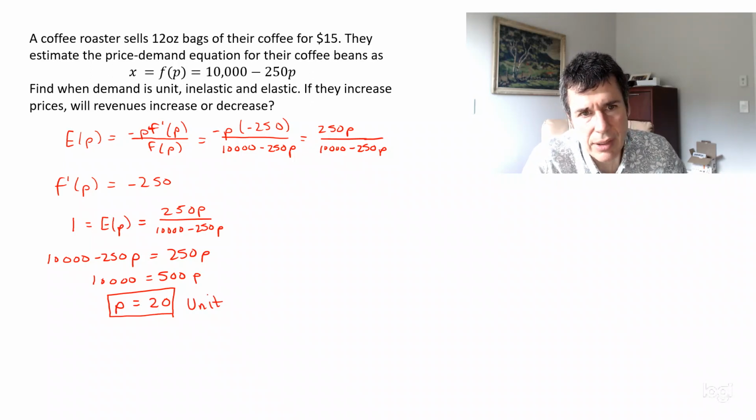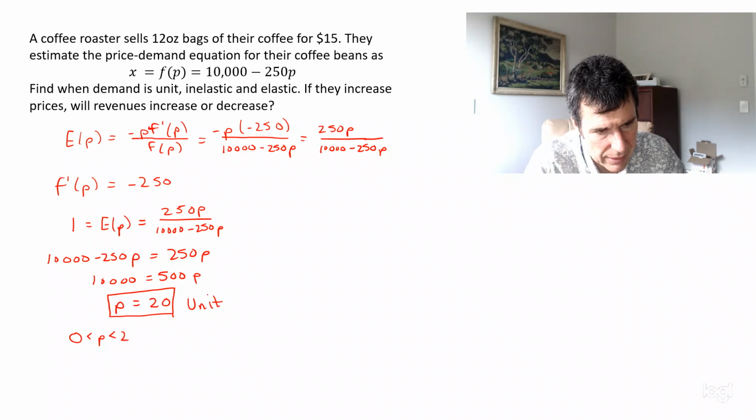When the elasticity of demand is between 0 and 1, that's called inelastic. And so that's going to happen when 0 is less than P is less than 20. Inelastic. Elastic.